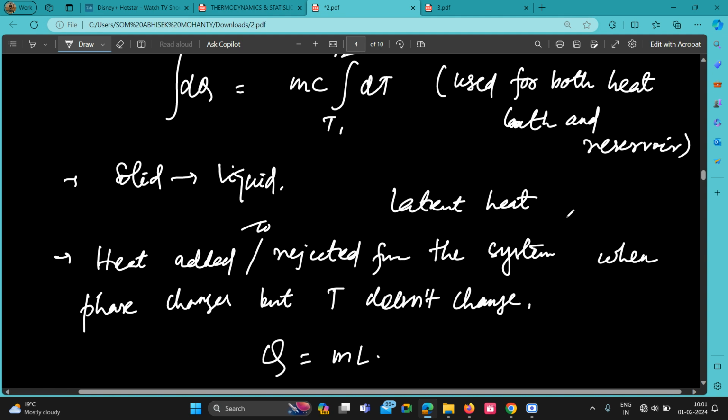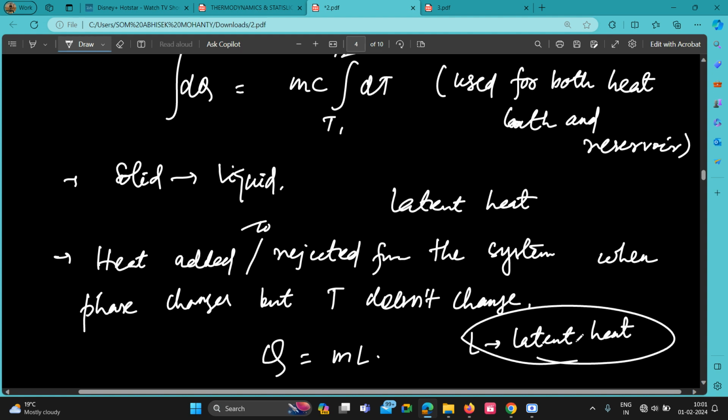Q is equal to mL. Q is equal to mL, where L is your latent heat.